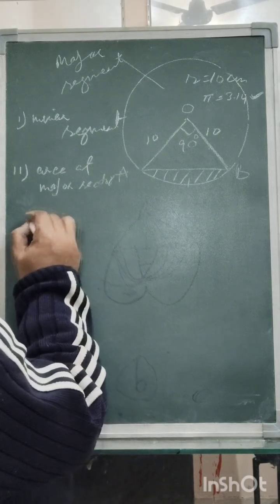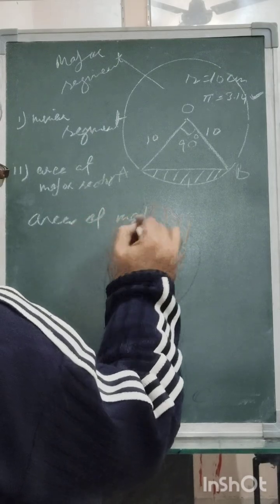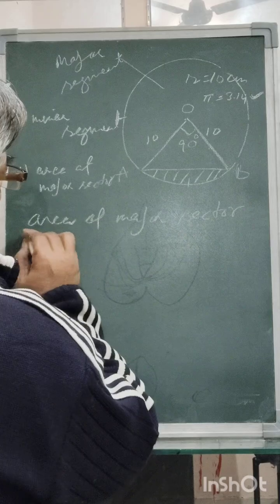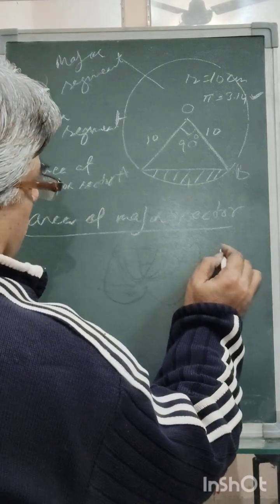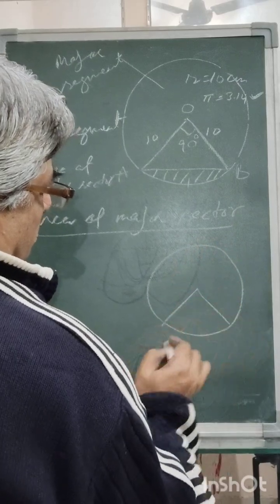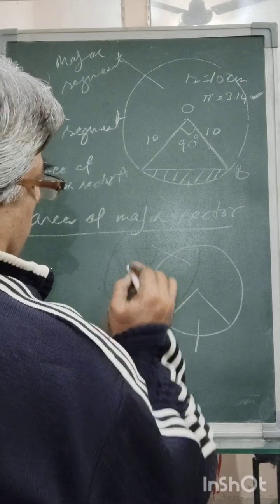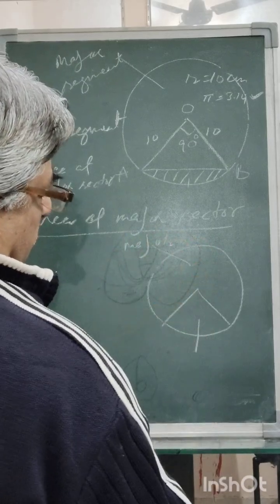So, the area of the major sector. Which one is the major sector? I draw again. This is the minor sector and this is the major sector.